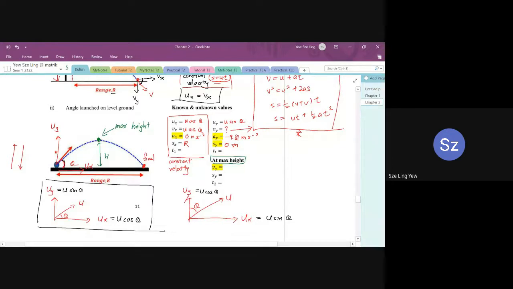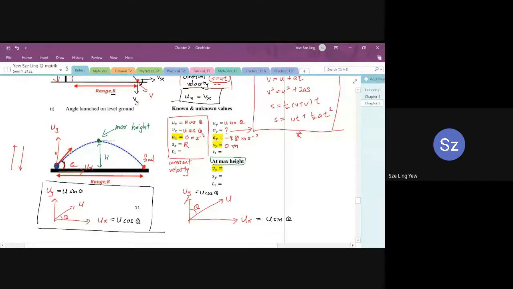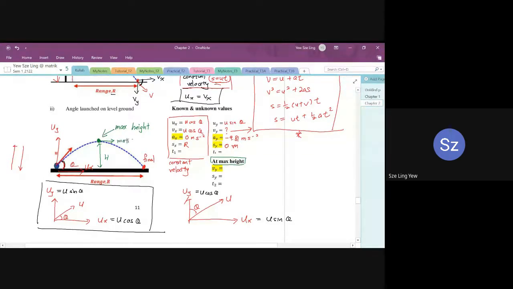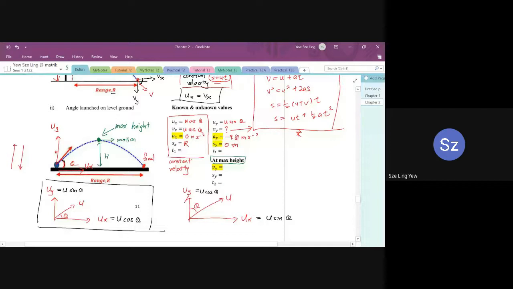At maximum height, our object is moving along the x component, because we say the motion is the tangent of the curve. So this is the direction of motion, which also represents the direction of velocity. So my velocity, my motion, is lying on the x component only.